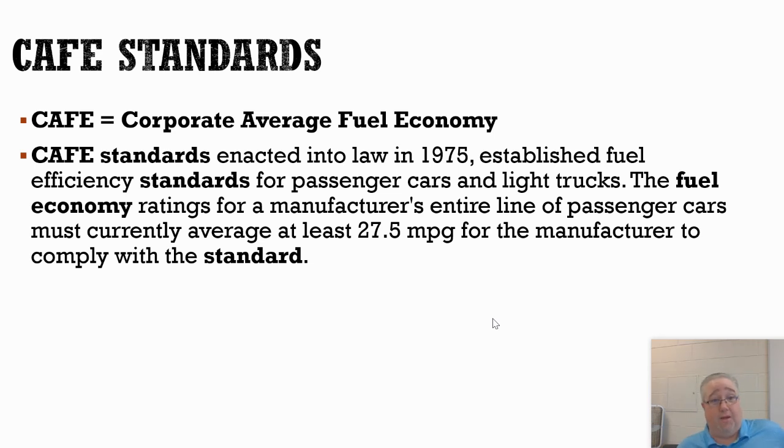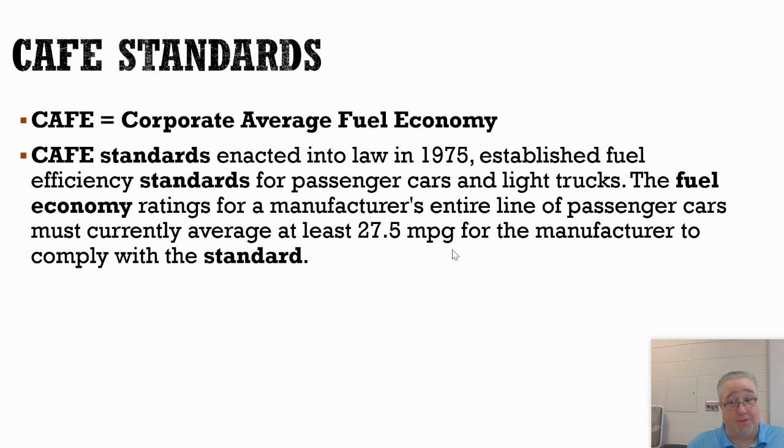Currently in our country, let's just use the Ford Motor Company as an example. Ford produces a lot of cars in this country, but right now, the federal government says that all of the cars that Ford manufactures, let's say Ford makes, I don't know, 15 different types of vehicle, all of those cars, on average, must have a fuel economy of 27.5 miles per gallon or better.